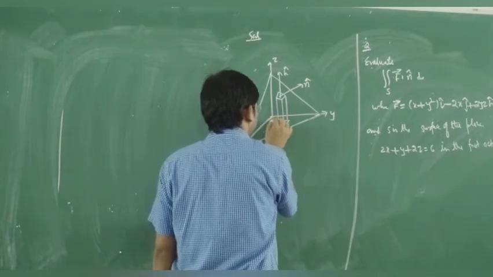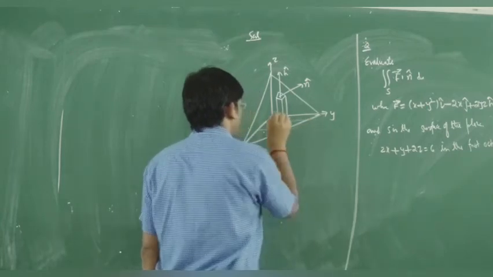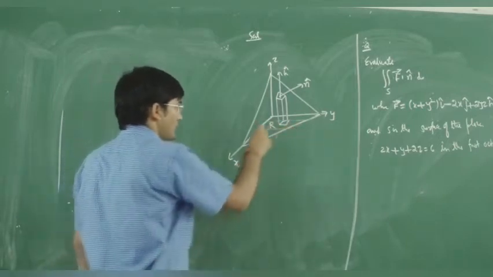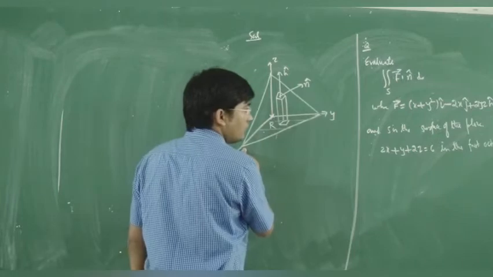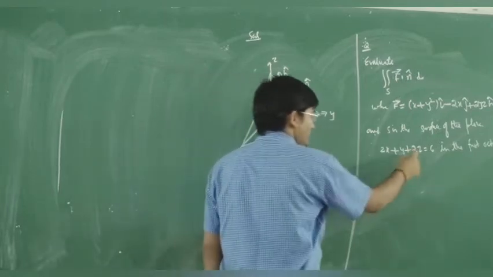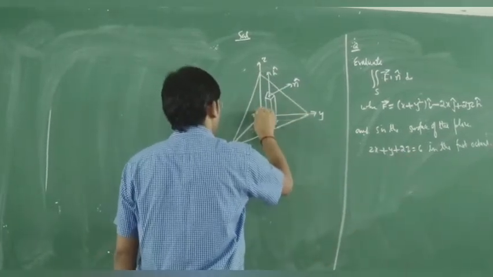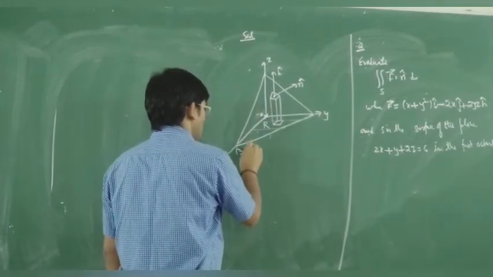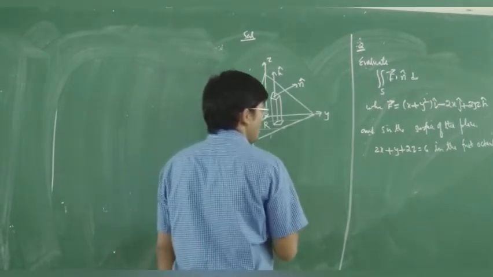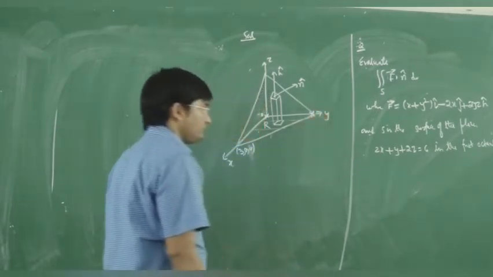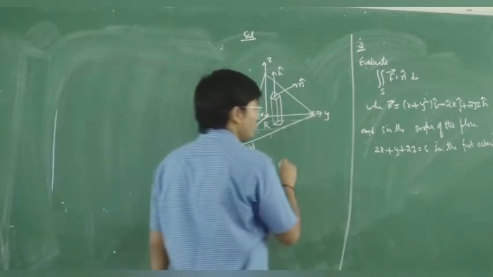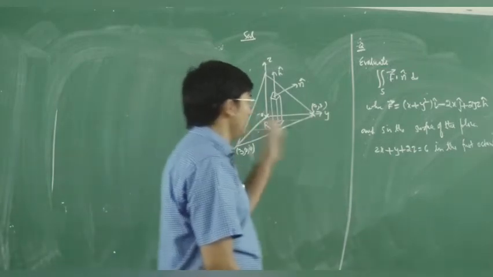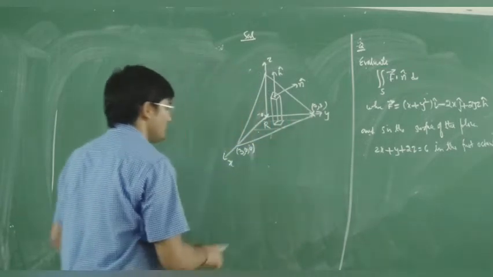Now this projection is in the xy plane, where your x is from 0 to 3. Here we have x, then here we have x at 0, y at 0, and z at 0. And at this point, your y will be 0 to 3. Okay. Now here we have to evaluate this double integral which is included in this first octant.